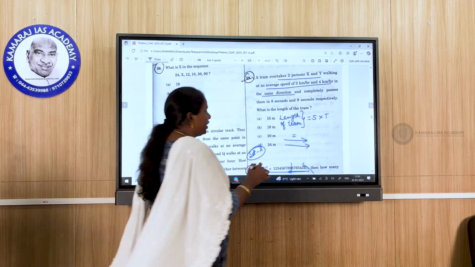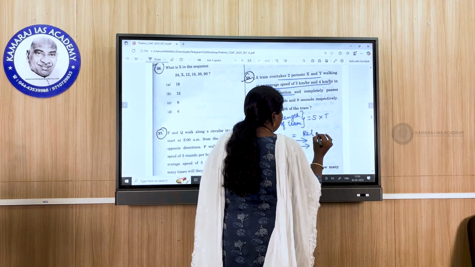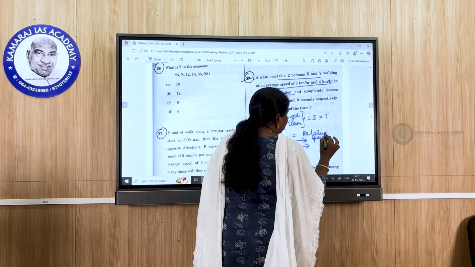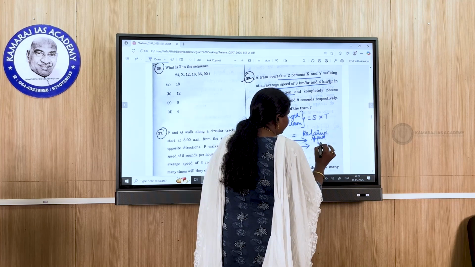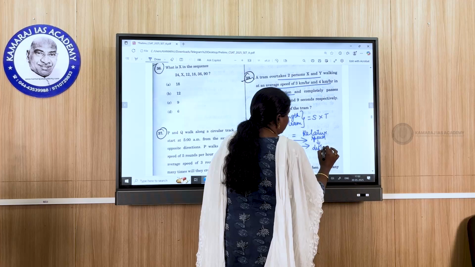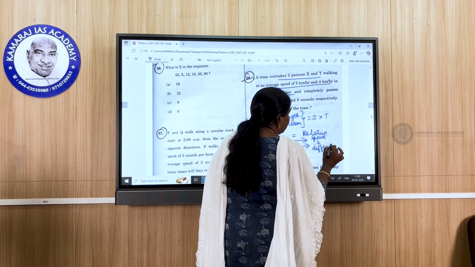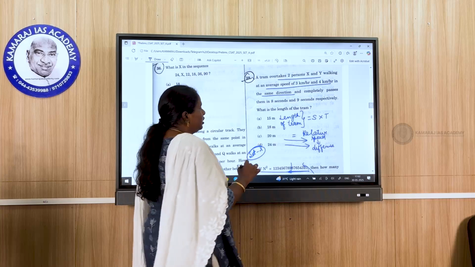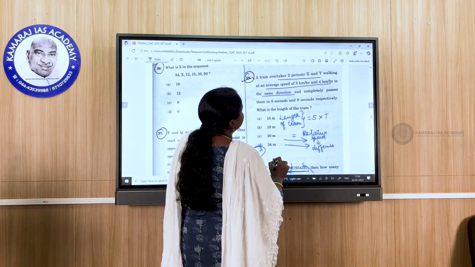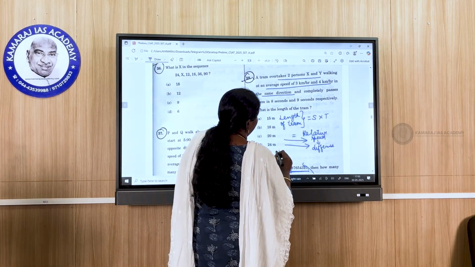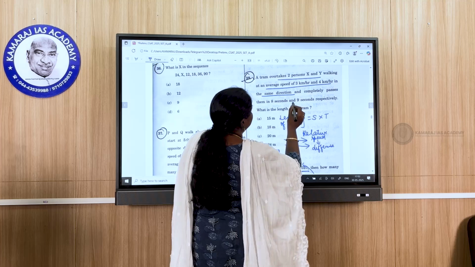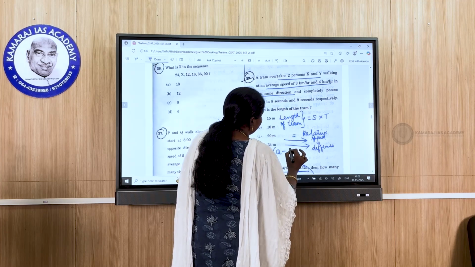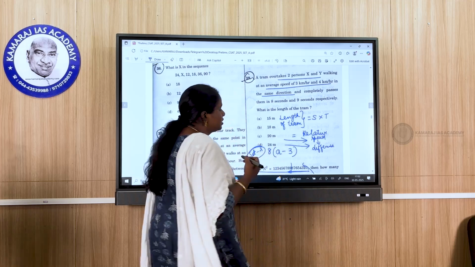Here the two persons are moving in the same direction. So what is the relative speed? When two persons move in the same direction, the relative speed is the difference between the two speeds, right? So you can write this equation: the time taken here is 8 seconds, so 8 into a minus 3.